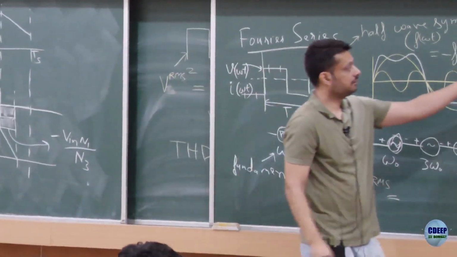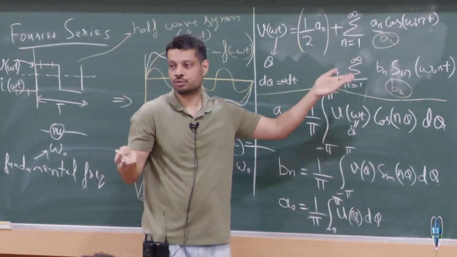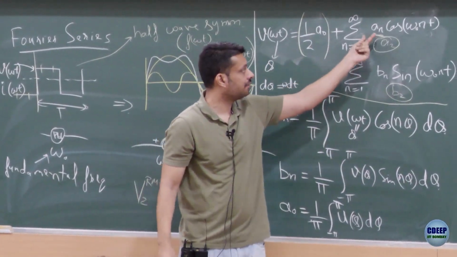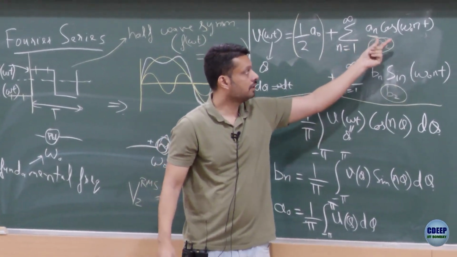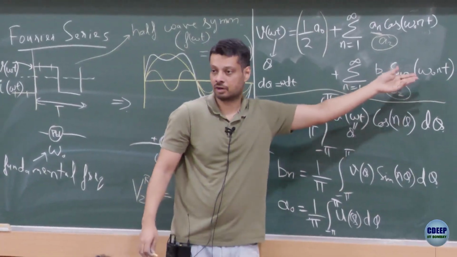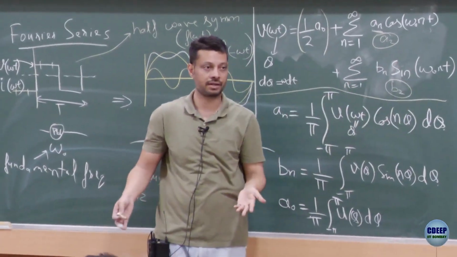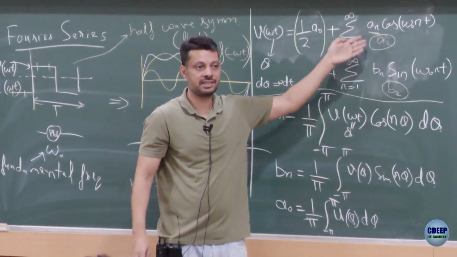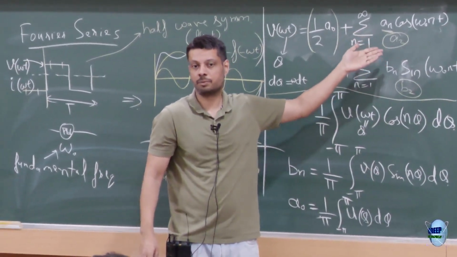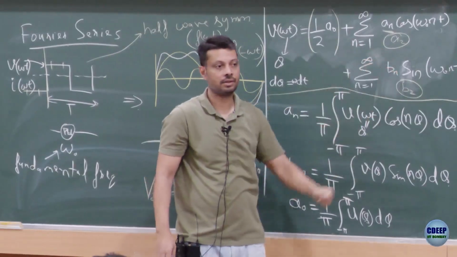V2 means second harmonic, so n equals 2, right? This term is anyways DC. n equals 2 means you will have A2 cos of 2 omega naught t plus B2 sine of 2 omega naught t. This is the only second harmonic component, right? Can you find the RMS of this? A2 cos of 2 omega t plus B2 sine of 2 omega t, what will be the RMS value?